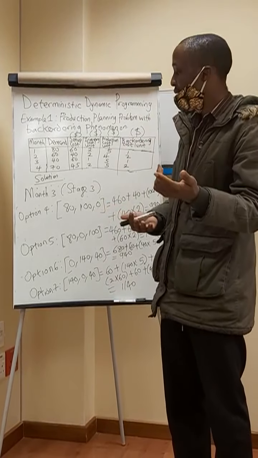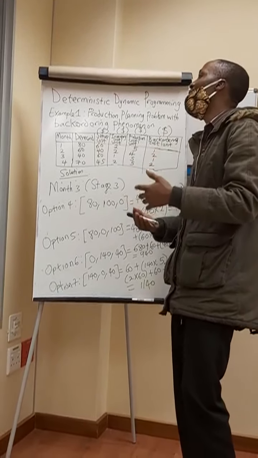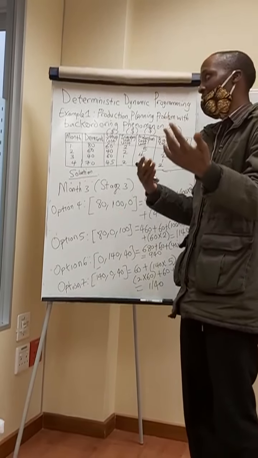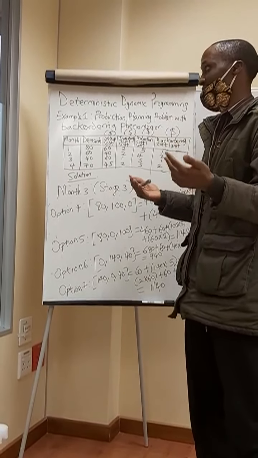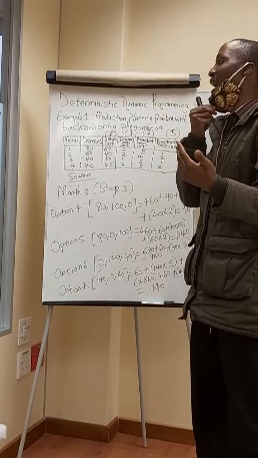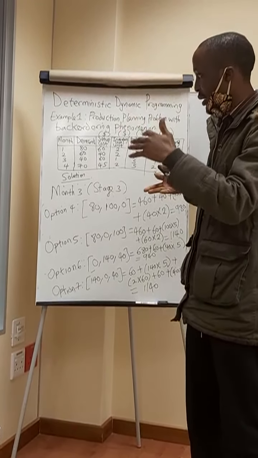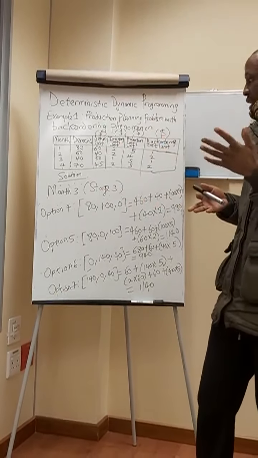The third option that we did was to produce what is required in month 1, 2, and 3 in month 3. And the reason why we can think about all these options, actually option 2 and option 3, is because backordering is allowed. Because with backordering being allowed, it gives us an opportunity to backorder the demand of some set of months. So that's why we're able to think about those set of 3 options.